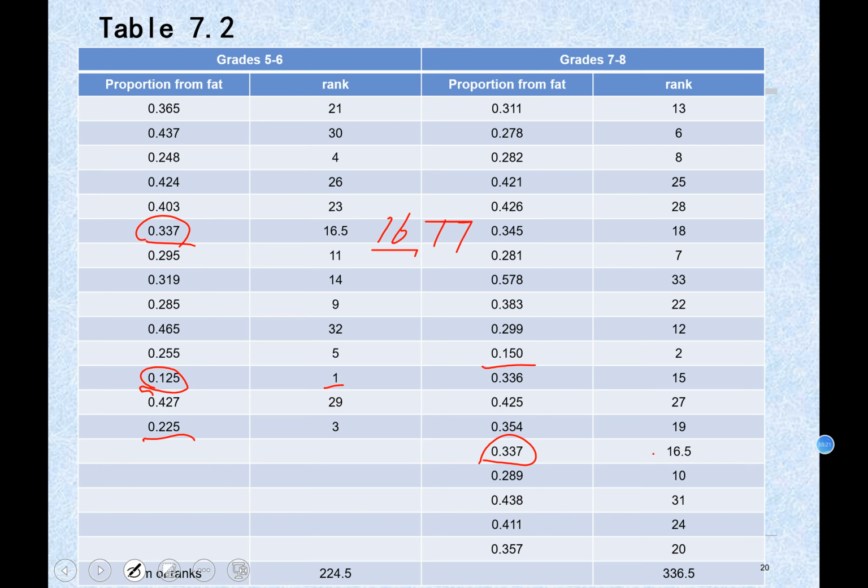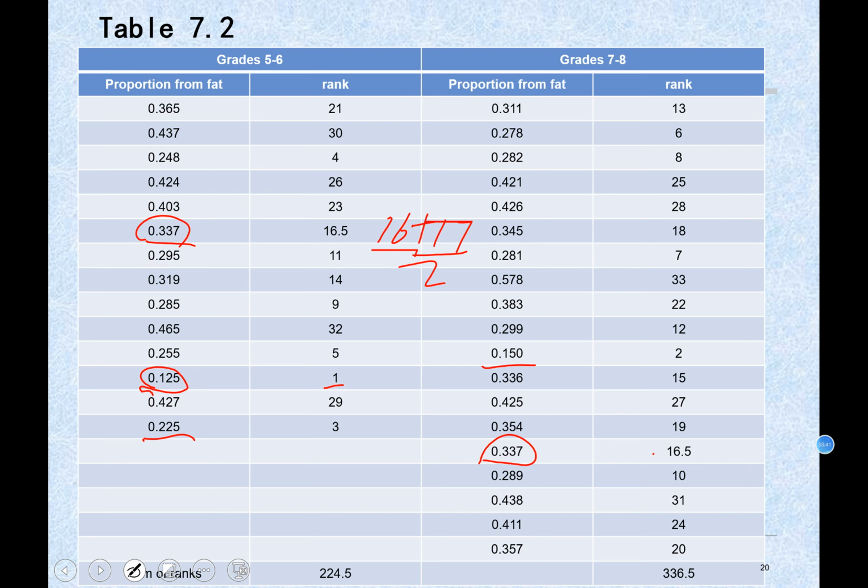We need to use the average of the two ranks. So they should be 16 plus 17 over 2. So both of the two numbers have the same rank, that is 16.5.